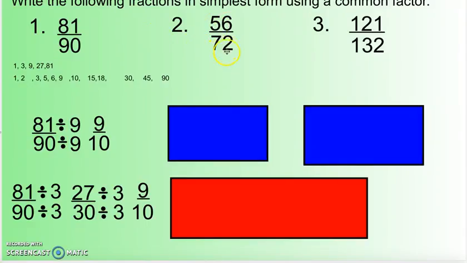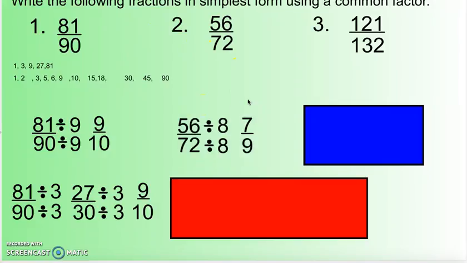Okay, 56 and 72. The greatest number they share is an 8. So that's their greatest common factor. And so 56 divided by 8 is 7. 72 divided by 8 is 9. So in simplest form, when I reduce it, it is 7/9.